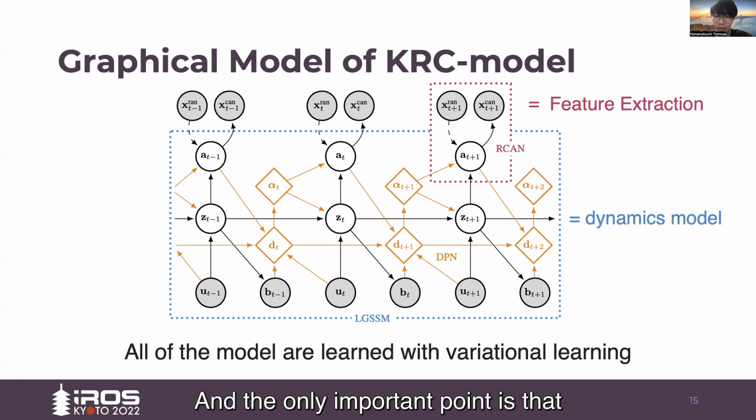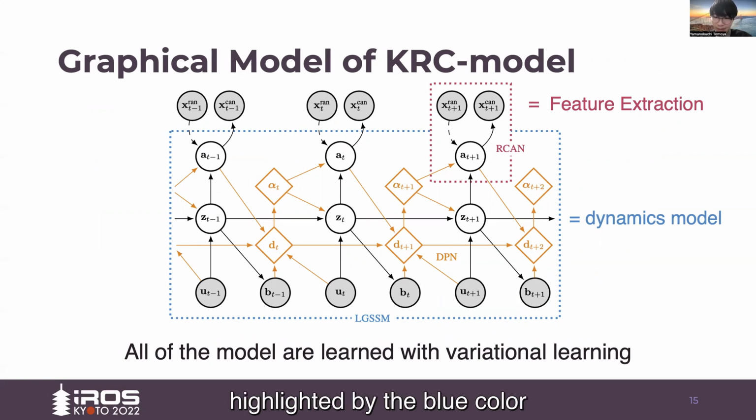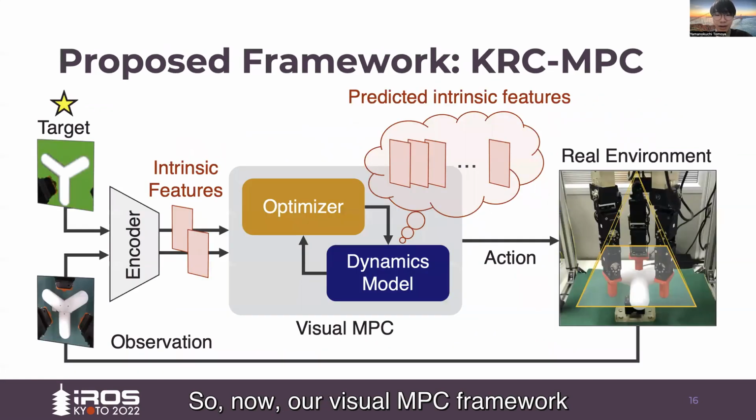The only important point is that the feature extraction part highlighted by the pink color and the dynamics model part highlighted by the blue color are connected as a unified model architecture. And both of the two parts are jointly trained with a variational learning scheme. So now our Visual MPC framework becomes as shown here.